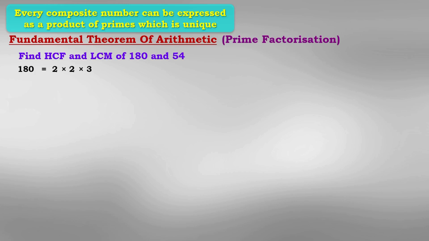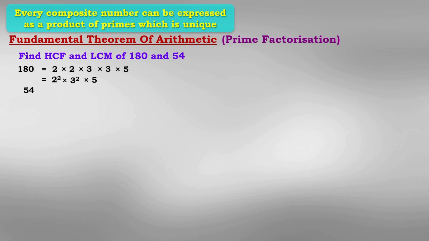If we do the prime factorization of 180, we will get 2 into 2 into 3 into 3 into 5. First we need to express this product of primes in exponent form. Since here we have 2 into 2, that is going to be 2 to the power 2 into 3 to the power 2 into 5.